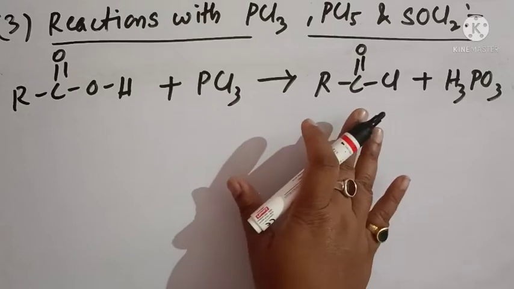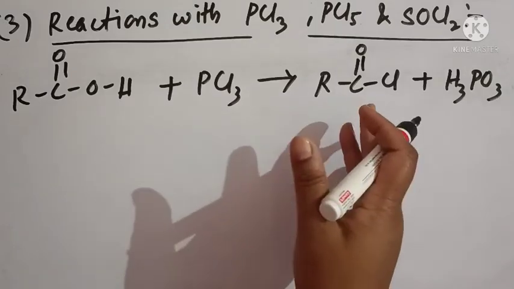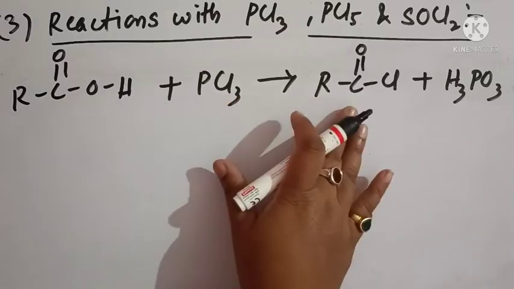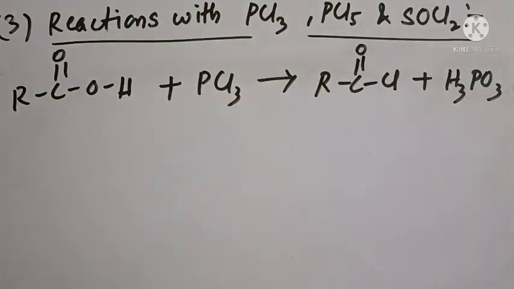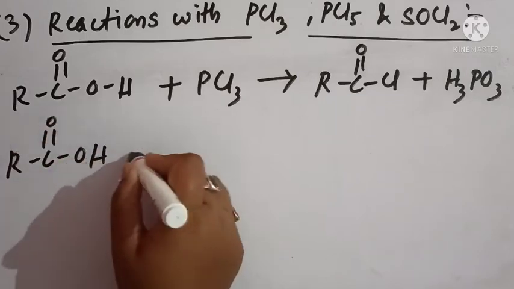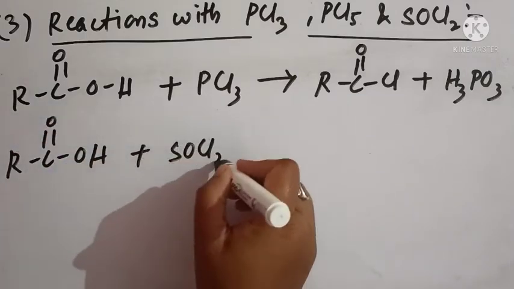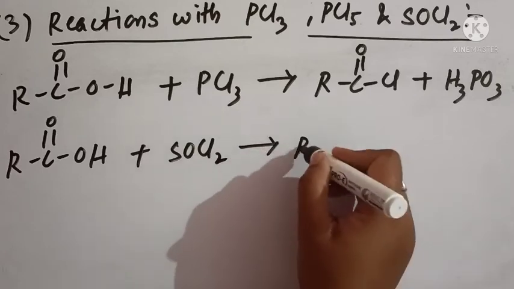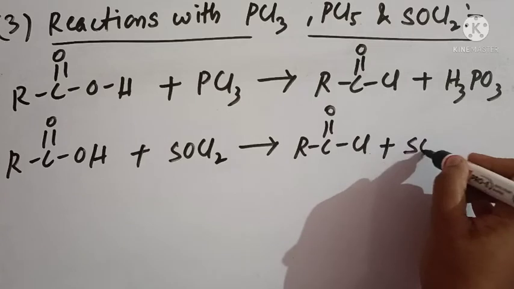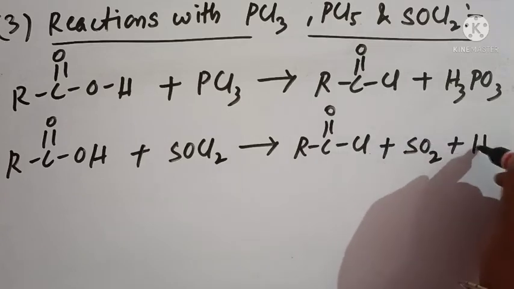So instead of the alkyl halide, the carboxylic acid gives the acid chloride. If I write one more reaction, with SOCl2, thionyl chloride, it will again give the acid chloride along with SO2 and HCl.